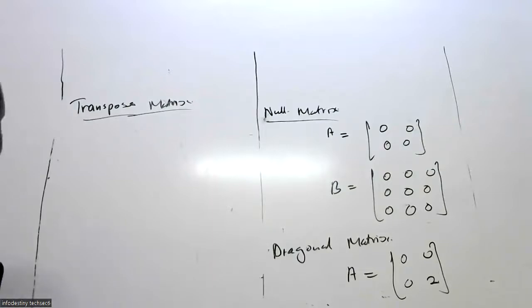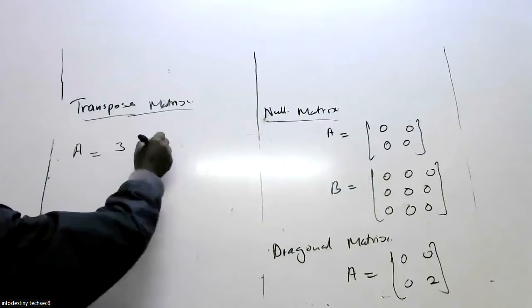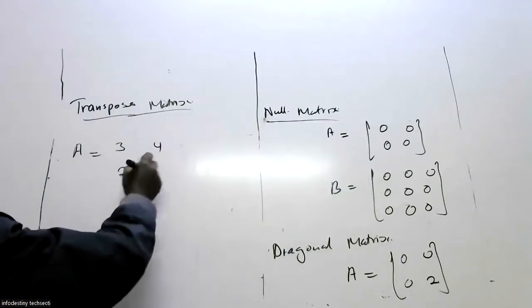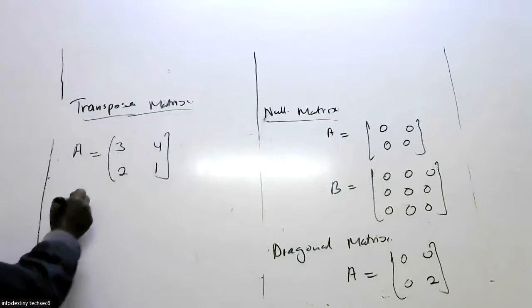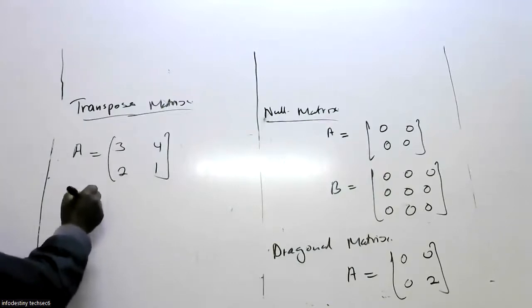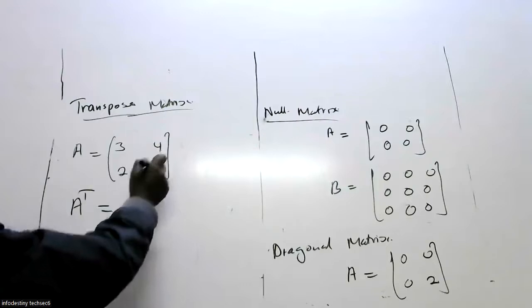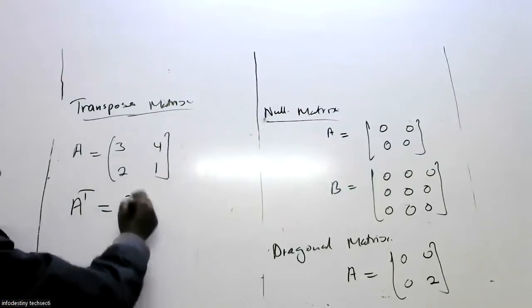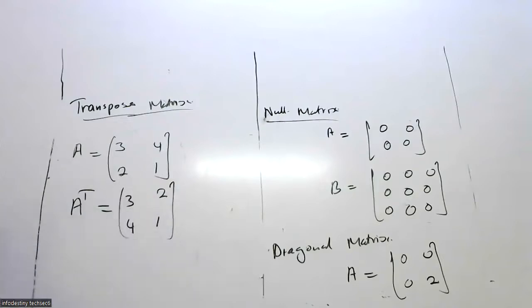For instance, you can say A equals 3, 4, 2, 1. Now, if you have to get the transpose of A, you interchange this one to be the column. So it's 3, 4, 2, 1. That's the transpose.